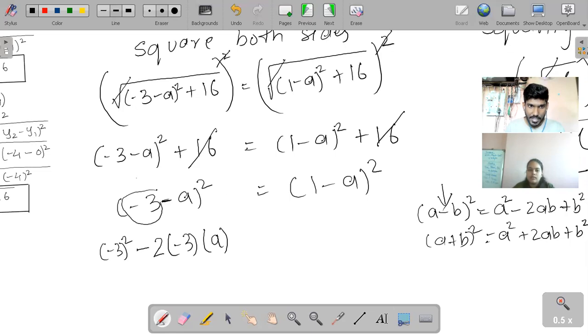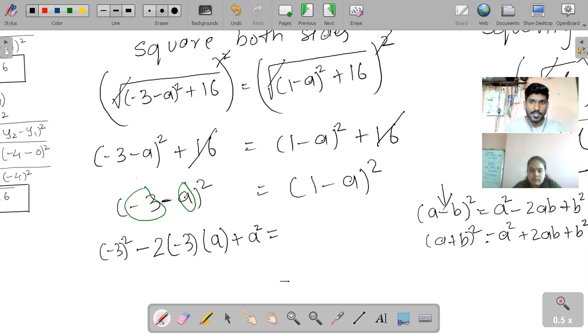So this is a, and this is b. Now tell me. Plus a square.